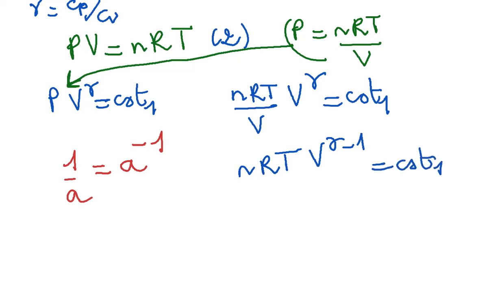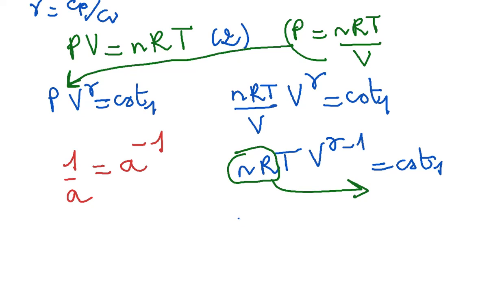Now I'm going to bring all the constants to the other side. n is a constant, R is a constant, T is not a constant, it is the temperature, and the volume is not a constant either. So the constants are these two quantities that I'm going to bring to the other side.